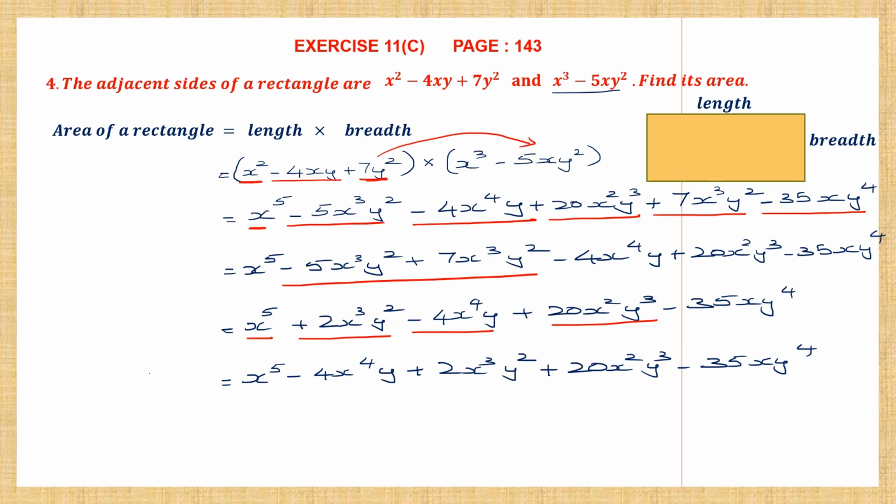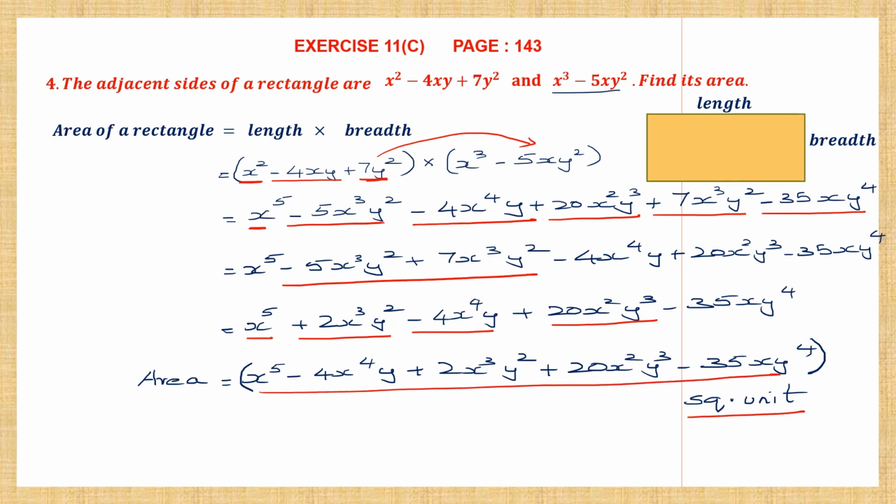Now remember, here we are finding the area of this rectangle. So this whole thing will be the area of the rectangle. So we have to write the unit, which is square unit. The area of rectangle is this whole answer, and with the unit it is square unit. So we have found the area of the rectangle.